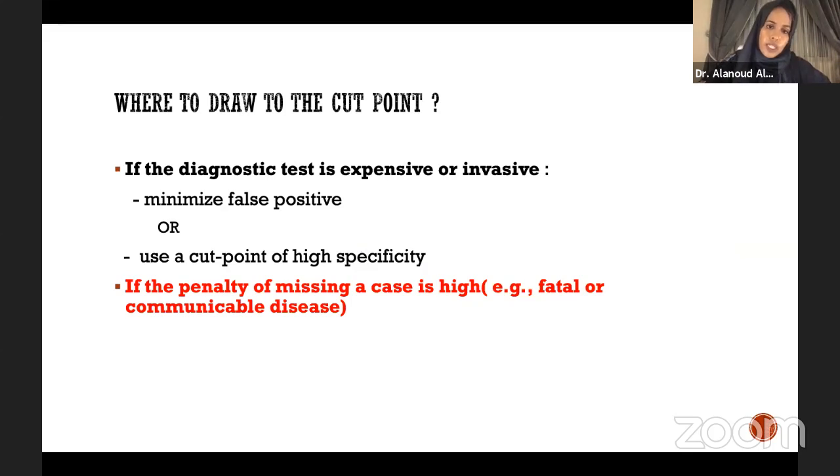So if the penalty of missing a case is high, because the case might be fatal, or a communicable disease, like currently COVID-19, the penalty of missing a patient who has COVID-19 by testing negative falsely is very high. Maybe not only is the penalty high on the patient himself, but on the public health system also, because you will falsely allow and release this patient to the community.